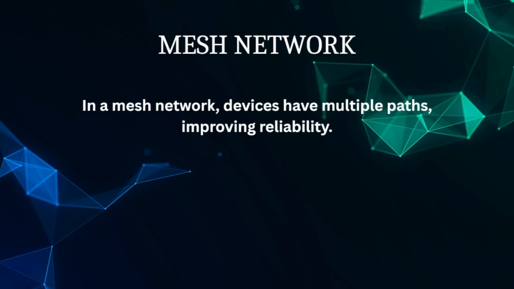Mesh network, a network topology where each node relays data for the network and all nodes cooperate in the distribution of data. Mesh networks provide redundancy and are highly resilient, as data can take multiple paths to reach its destination.